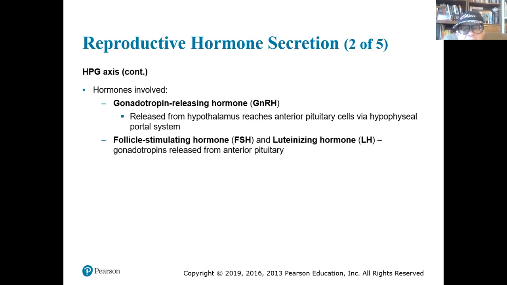The hypophysis has the neurohypophysis and the adenohypophysis. We're talking about parts of the pituitary. We're still way up in the brain here. Follicle stimulating hormone and luteinizing hormone are gonadotropins from the anterior pituitary. All right, that's straightforward enough.